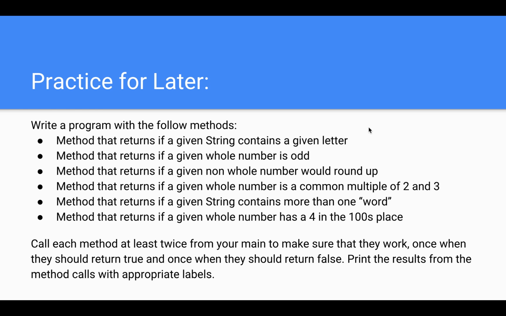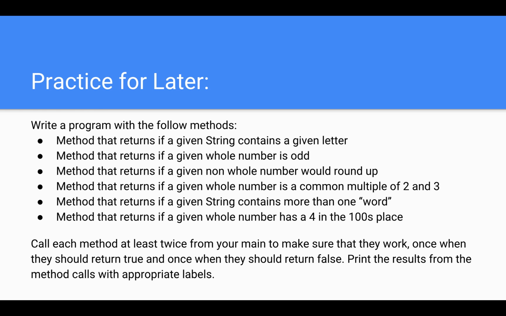Okay, so the practice for later is to write a program with the following methods. A method that returns if a given string contains a given letter. A method that returns if a given whole number is odd. A method that returns if a given non-whole number would round up. A method that returns if a given whole number is a common multiple of 2 and 3.